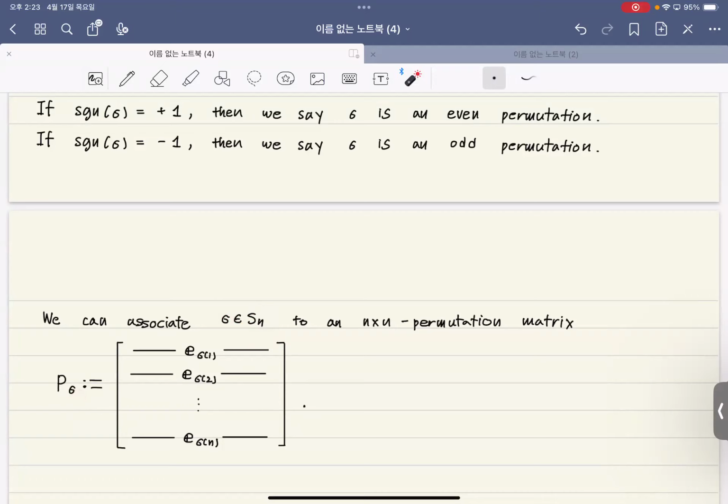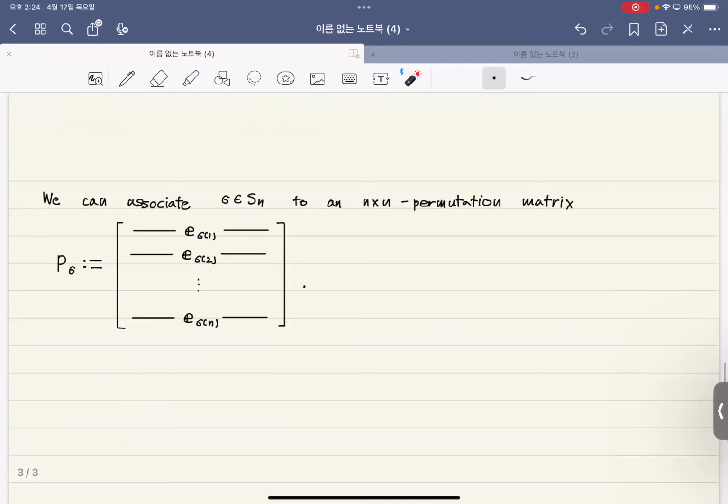But usually P of sigma is not an identity because every row of this permutation matrix was obtained by shuffling the rows of the identity matrix. This is a very important observation.